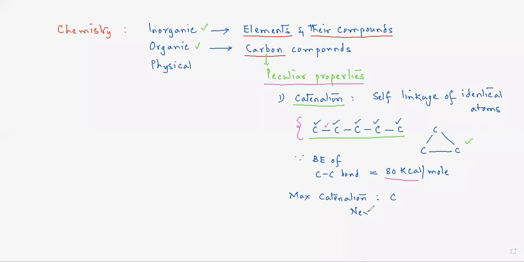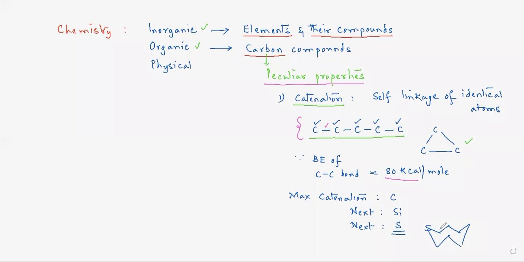Next comes silicon, then comes sulfur. Silicon can form bonds even up to 10 silicon atoms or even more, roundabout. Whereas sulfur can actually combine to about 8 sulfur atoms. I hope you know that sulfur has a crown shape of this type.